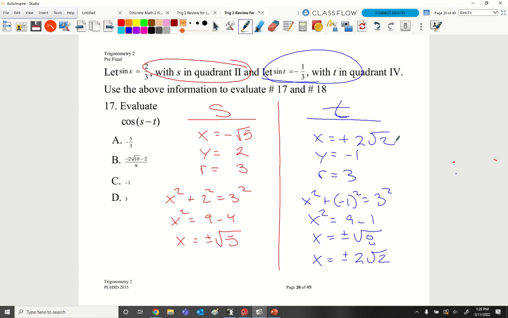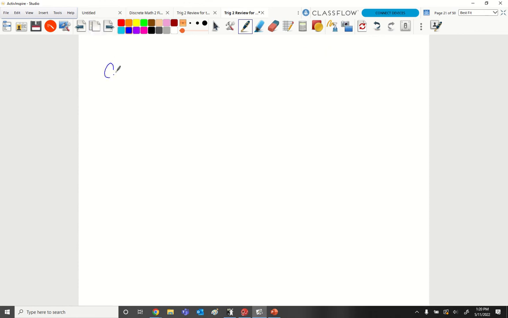Question 17 says cosine of s minus t. So I'm going to do this. Cosine of s minus t is equal to cosine of s, cosine of t. Now what goes next? Minus. Where am I going to find this? Reference sheet. Where on the reference sheet?